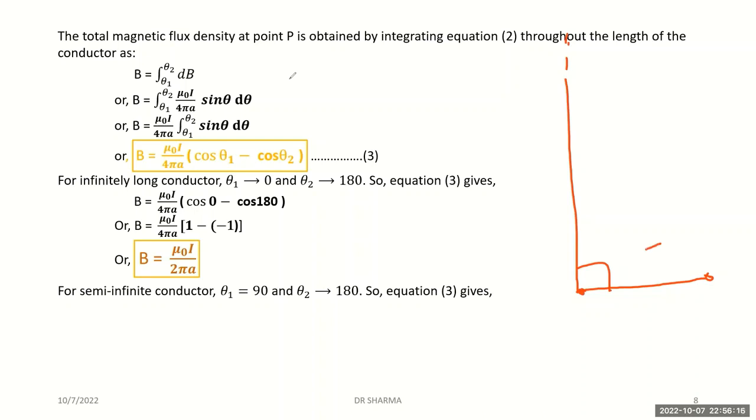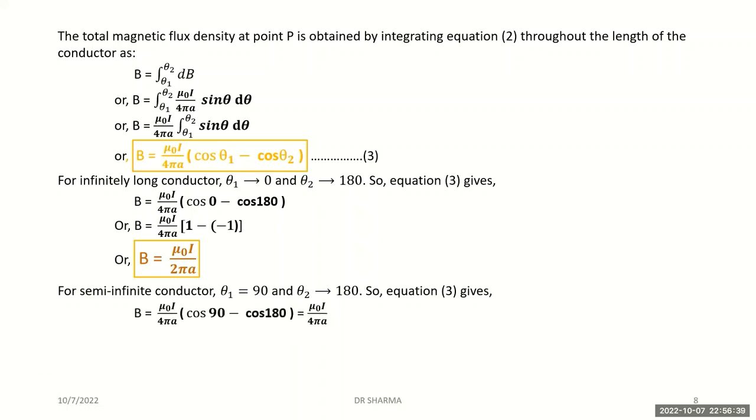In this case, theta 1 is equal to 90 degrees, and as the length of the conductor increases, theta 2 will tend to 180 degrees. If you substitute these values in equation 3, you get B is equal to mu naught I by 4 pi a times cos 90 minus cos 180, which is equal to mu naught I by 4 pi a. Remember these results.